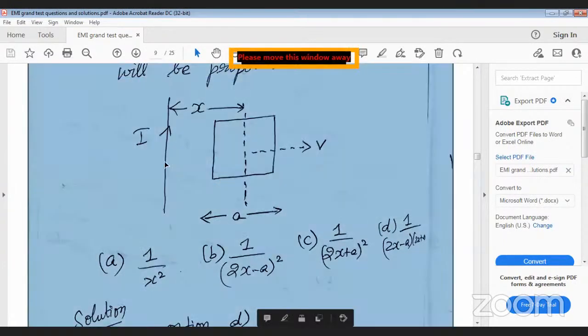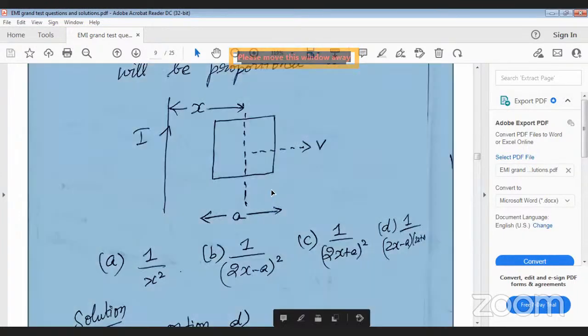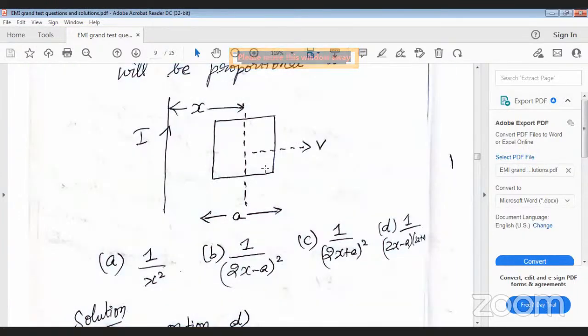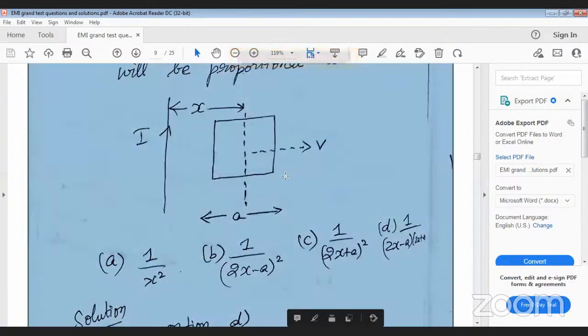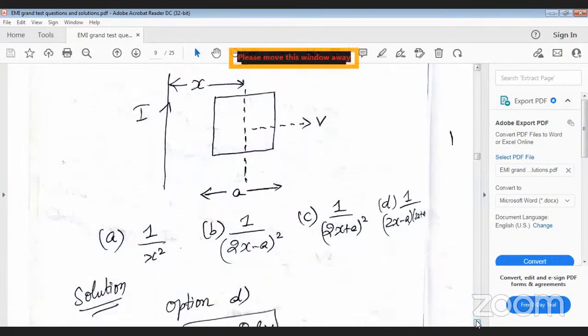Because this point is closer to this current carrying wire, the magnetic field due to the current at this point is more when compared to this point. This point is far away from the current carrying wire, so here the magnetic field due to the current flowing in the wire is less. So the difference in magnetic field between these 2 points is crucial to find out the answer.